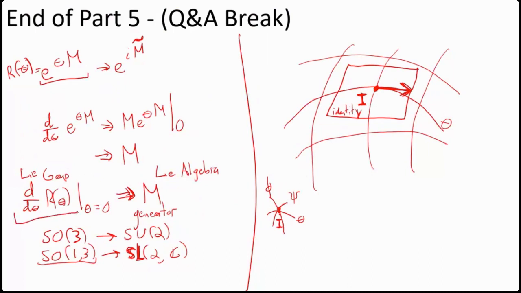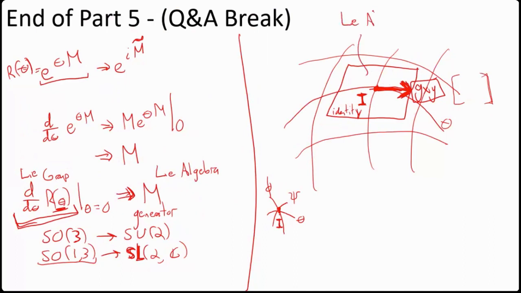And when you take the derivative at the identity along one of the parameter curves, you're basically getting a tangent vector that lives in the tangent plane. So this might be GXY or something, this basis vector here. It's a matrix, but it's a basis vector in the Lie algebra.